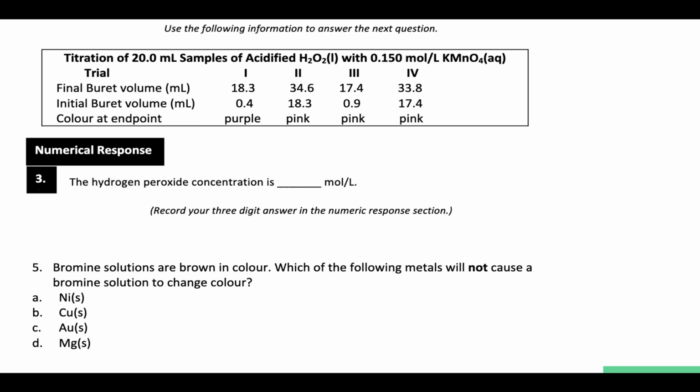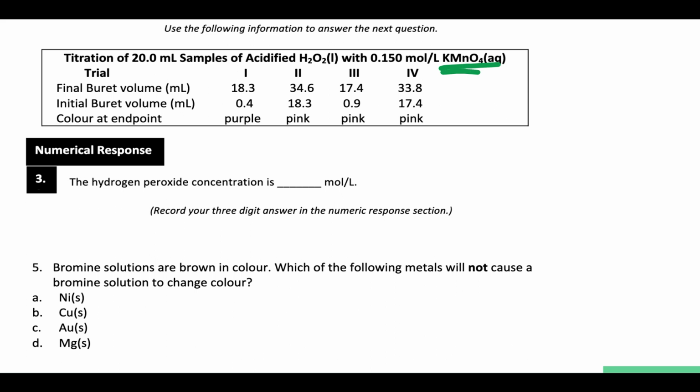Now we have one with our titration, and you probably did a similar titration in your class. My class did this as well. Permanganate is this really dark purple color. So we are titrating with an acidified solution. What we'll need to do first is come up with that balanced chemical equation.